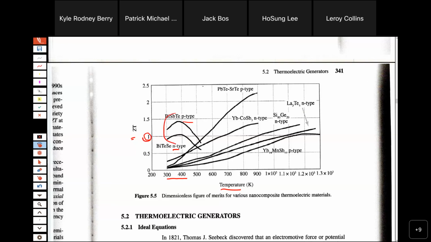This is the right-now technology. At higher temperature, lead telluride, skutterudite, all kinds are available. But at room temperature, this is the best right now.